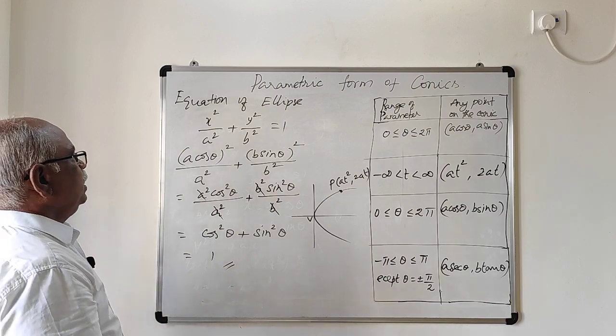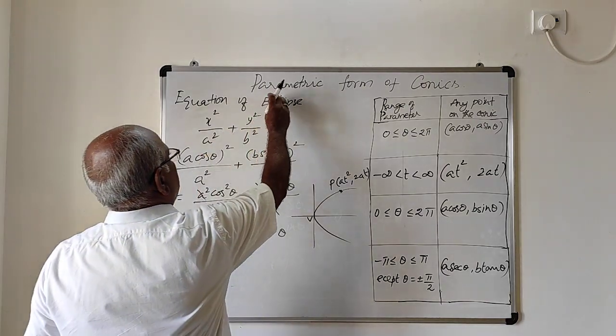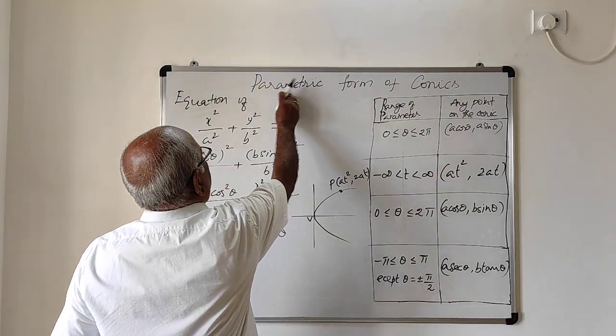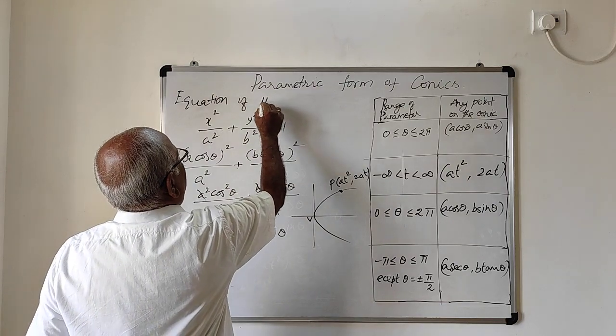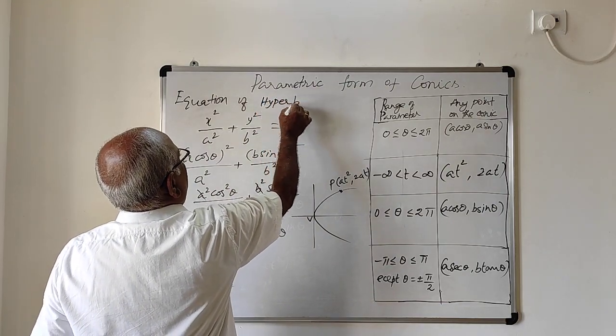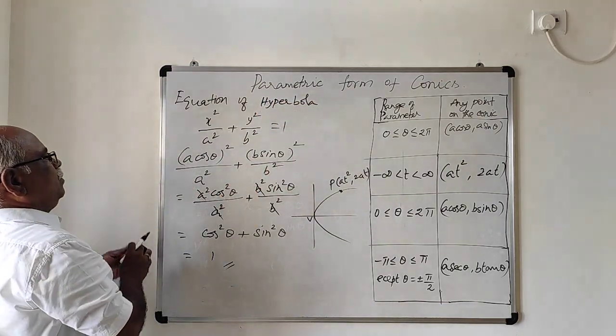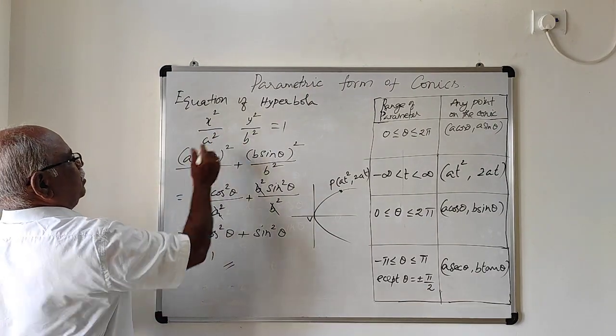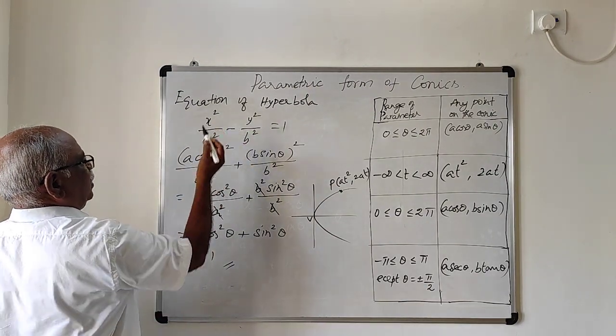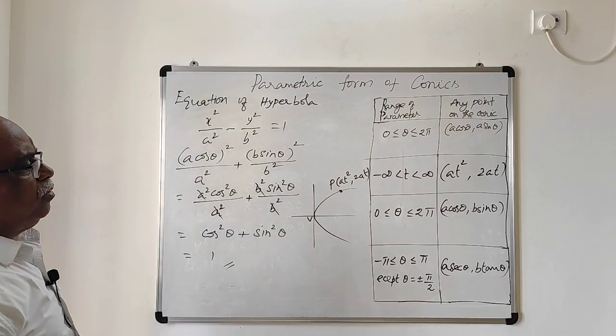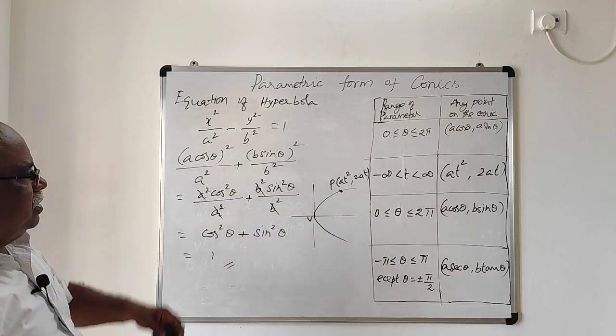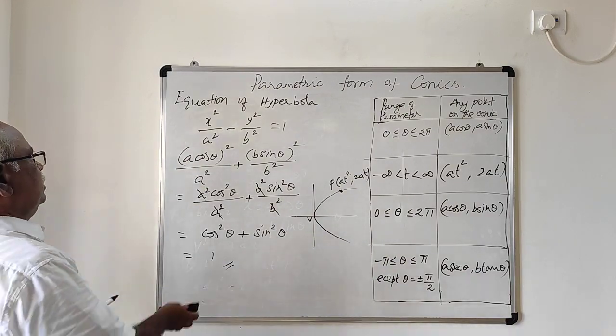Similarly, equation of hyperbola. You know x square by a square minus y square by b square equal to 1. From this, x is a secant theta.